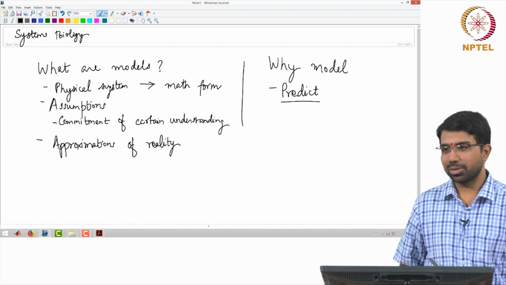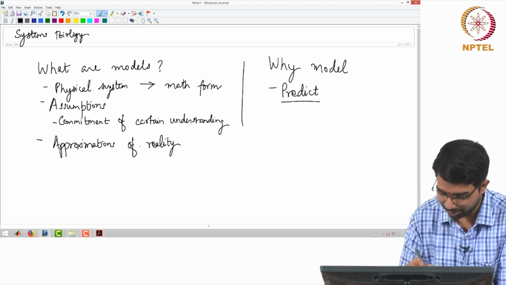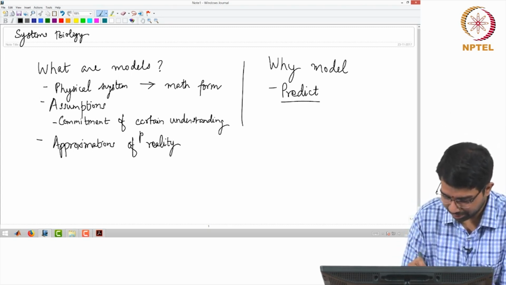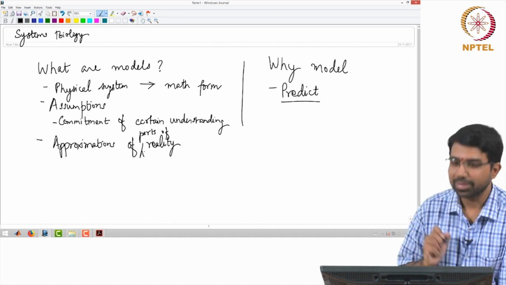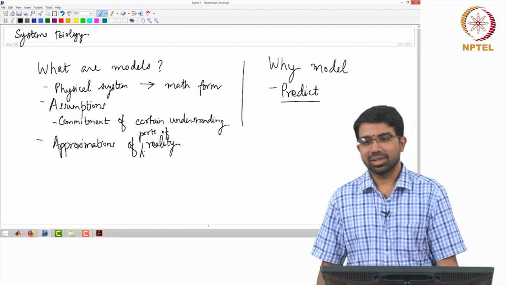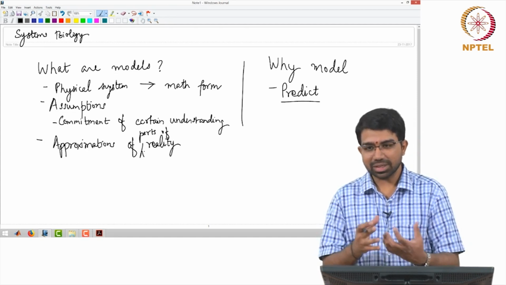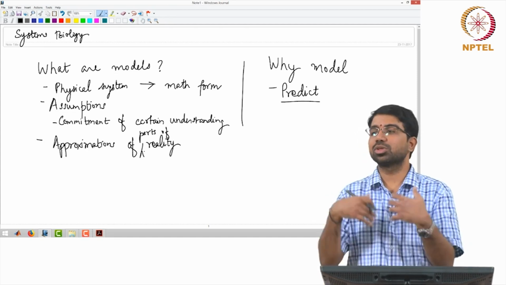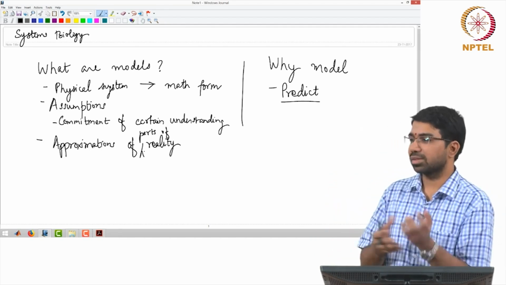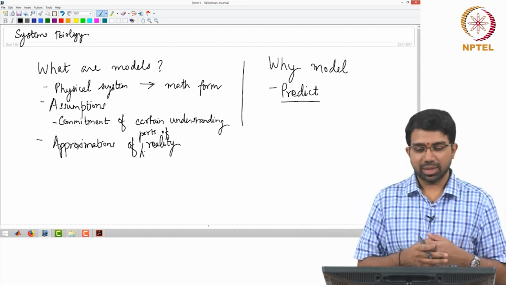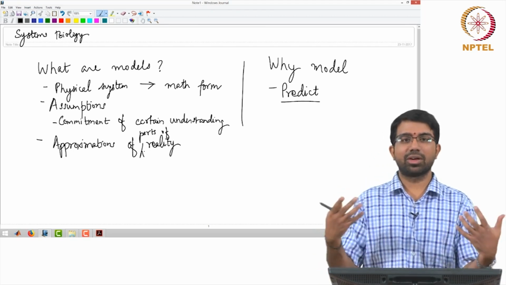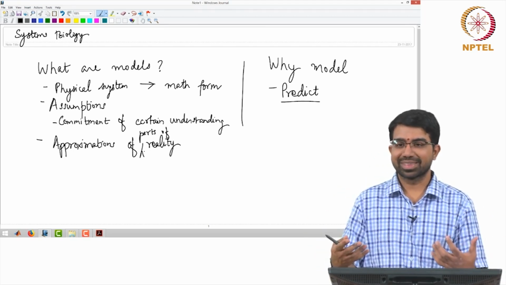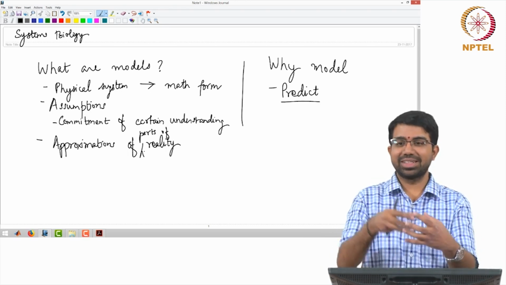In fact, we would often say that it is not reality, but parts of reality. You basically choose to model something, and you choose to leave out several things. One normally says the correct way to model a system is to build a model of the universe, because your system does interact with the universe.